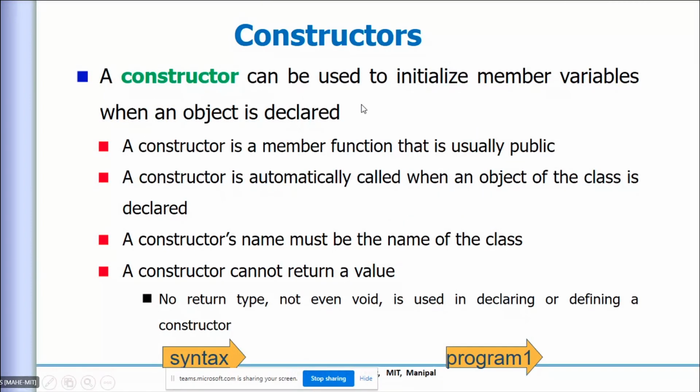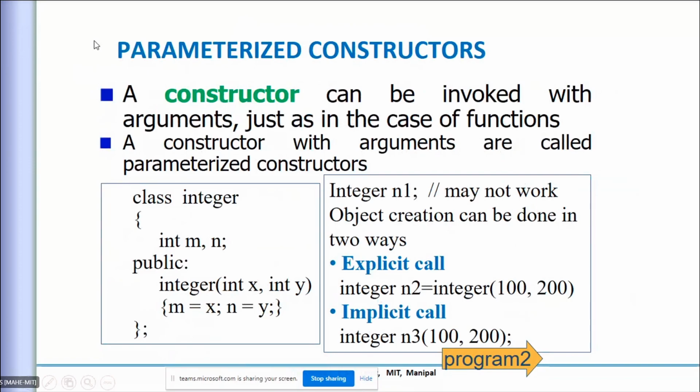We have seen the previous constructor where I have not passed any values, I am just initializing data there. But I can use a class now. This is a class name, and I define another constructor with the same name, and I pass two values. I can define what type of values also.